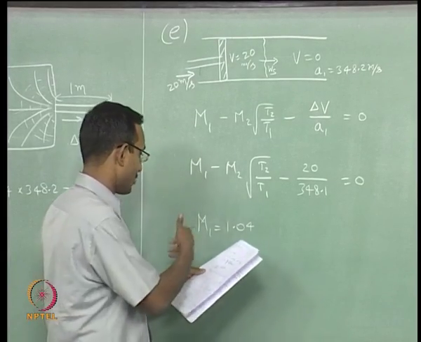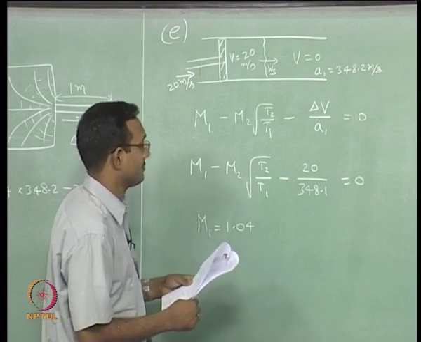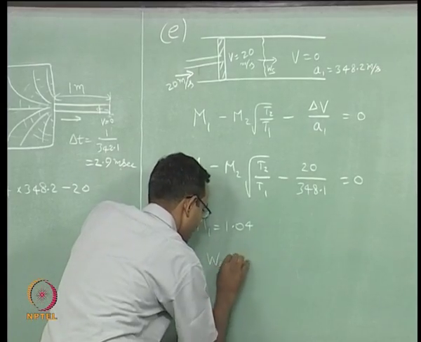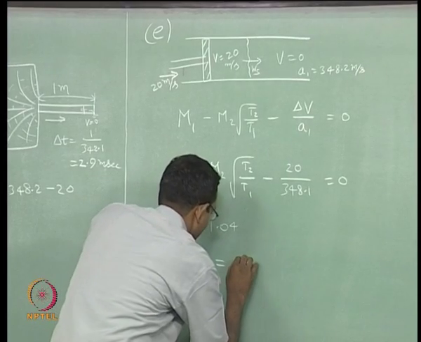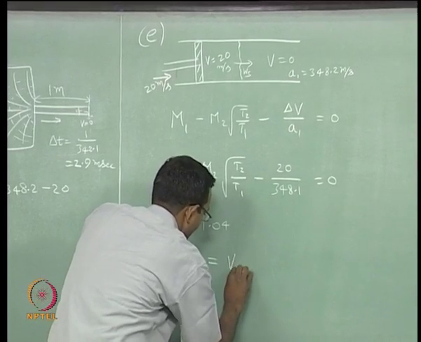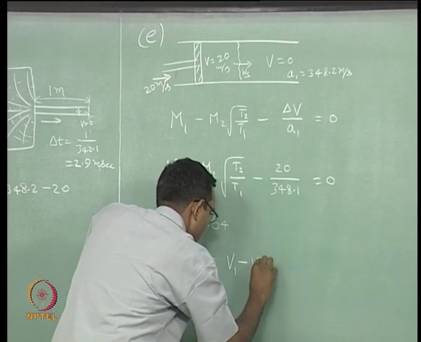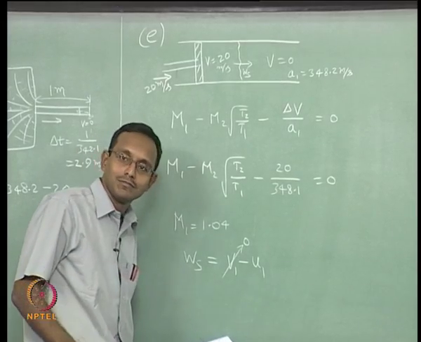But I can go and solve this whole problem, I do not need to. The only difference will be Ws. Okay. From problem D to problem E, Ws now is going to be V1 minus U1, where V1 is 0.